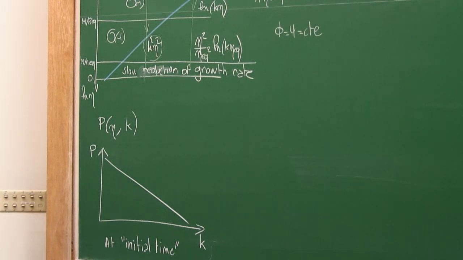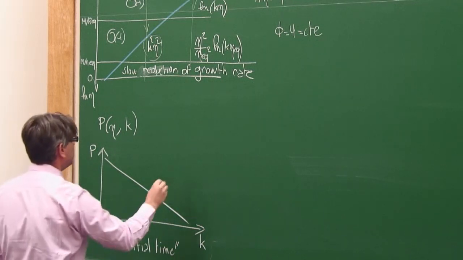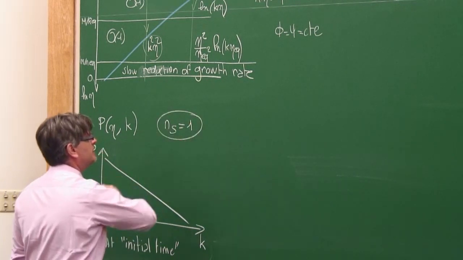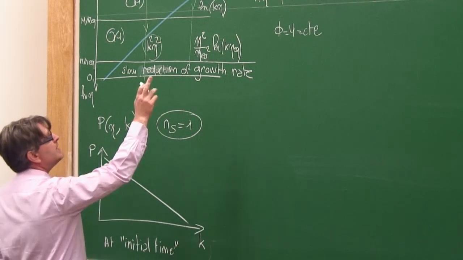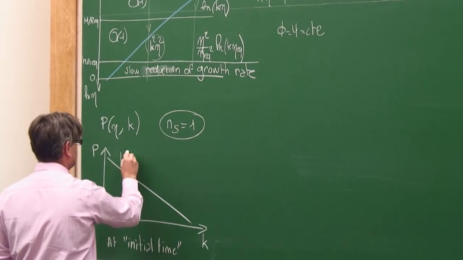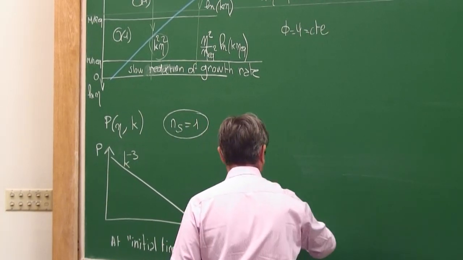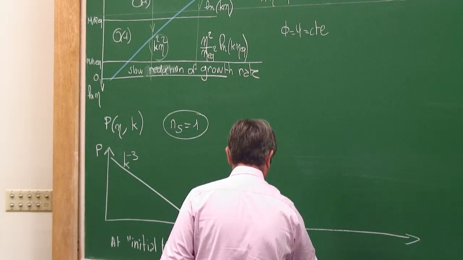It's written here. It's k to the ns minus 4. Okay? I will take, for simplicity, the case ns equal to 1, since we know from inflation and mainly from observation that we are very close to this case. So then it's a k to the minus 3. Okay, now we move to matter radiation equality.